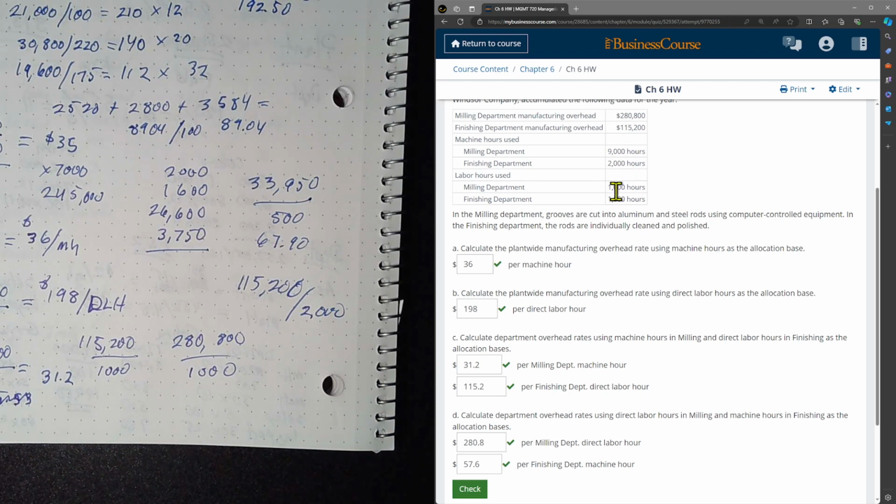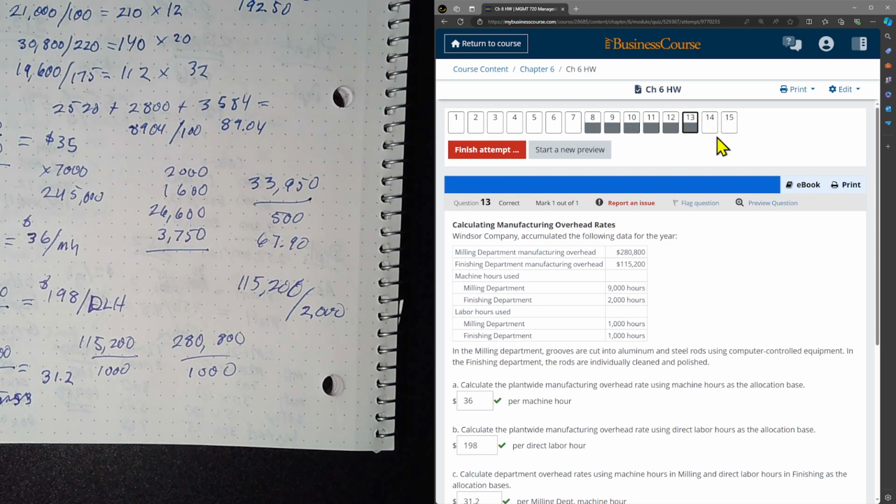It would have been nice if labor hours in milling was like 200 and finishing was 1,000. Then you would say finishing on average uses more labor hours, milling proportionally uses more machine hours, and that would give you the idea to break up. That's how you would break apart your analysis. You would choose the cost driver for the department for the resource that it uses a lot of, and therefore would be a better breakdown of the costs.